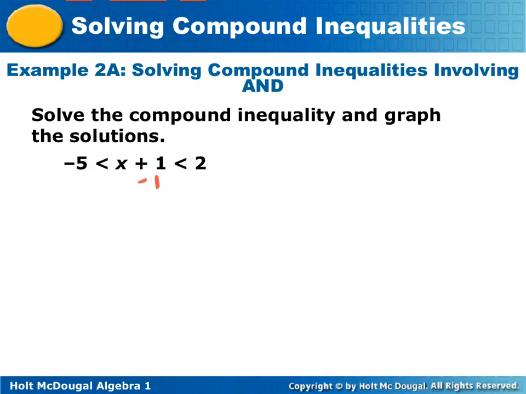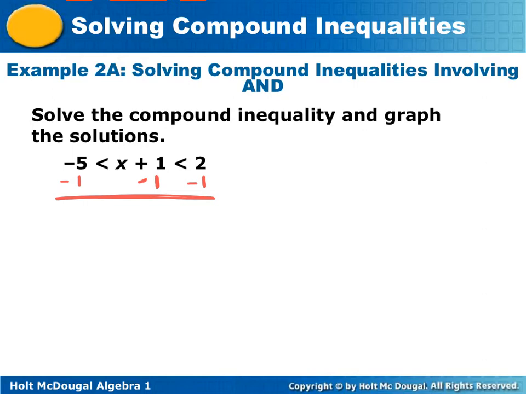Yeah, that's exactly correct. So, when you subtract it from the middle, you don't just pick one or the other. You've got to do it to both. So, if you subtract 1 in the middle, you subtract 1 on the left, and you subtract 1 on the right.